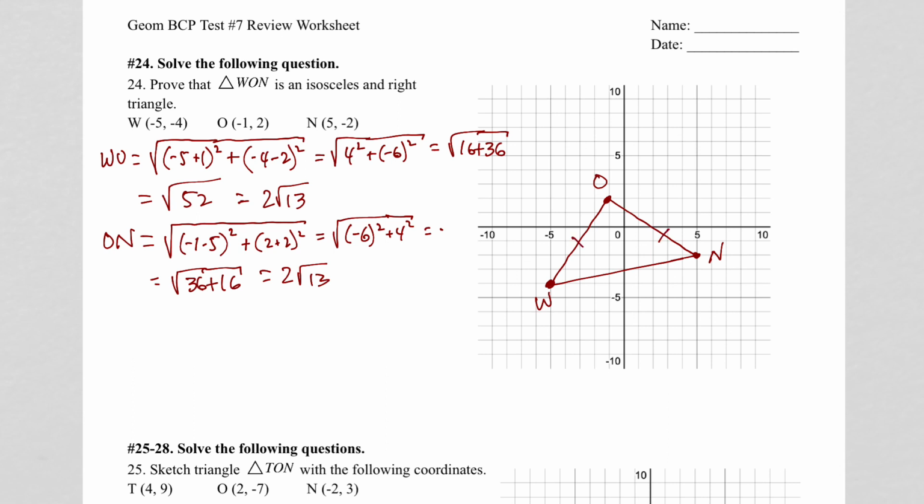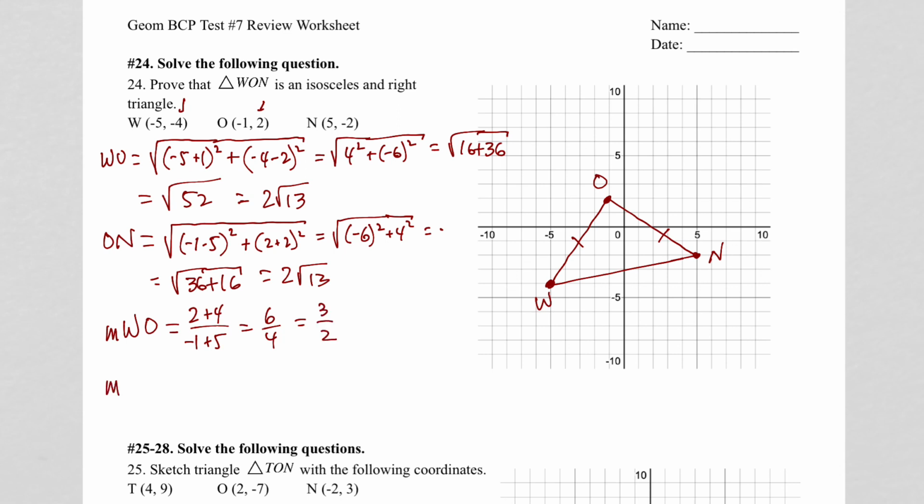Okay? Now, to show it's a right triangle, I need to know the slope of this and see if it's perpendicular to the slope of this. So let's figure out the slope of WO. Here's Y2 minus Y1, so 2 minus a -4 over X2 minus X1. -1 plus 5 is 6 over 4, which is 3 over 2.